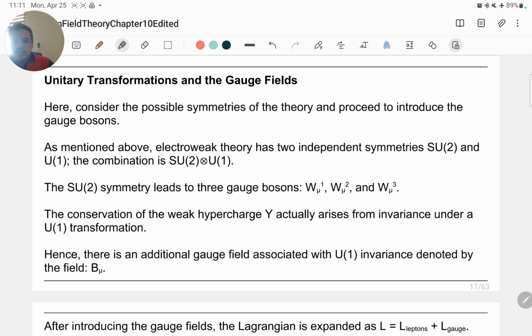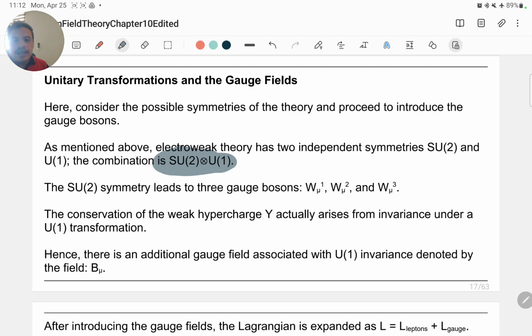Now let's look at the unitary transformations of the Dirac fields, and of course the gauge fields. Here we will consider the possible symmetries of the theory and proceed to introduce the gauge bosons. Electroweak theory has two independent symmetries, SU2 and U1, combined in the group SU2 cross U1.